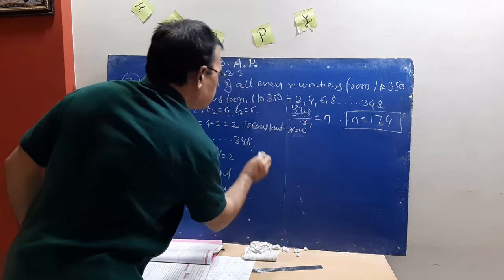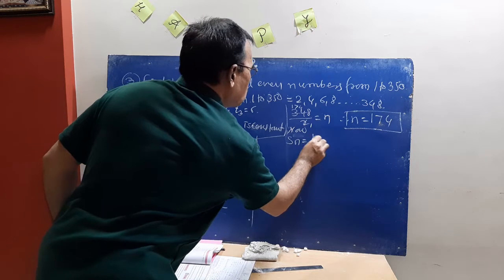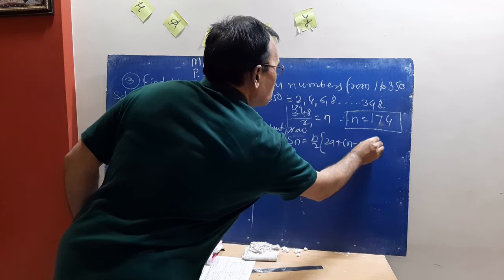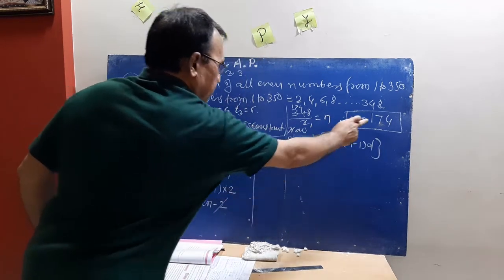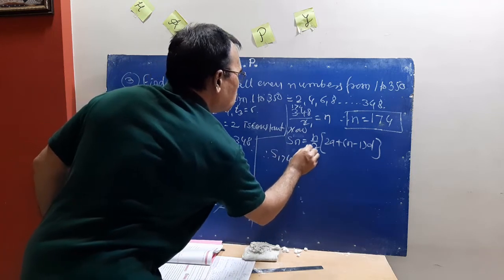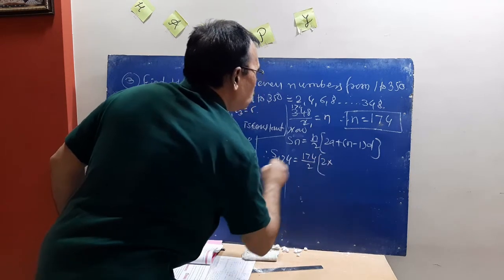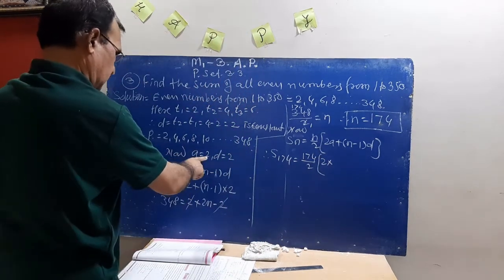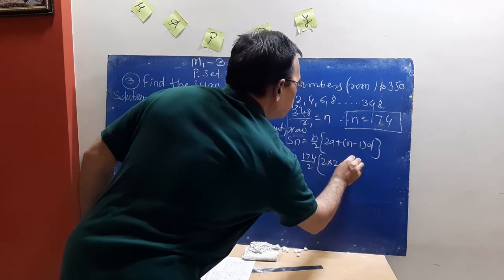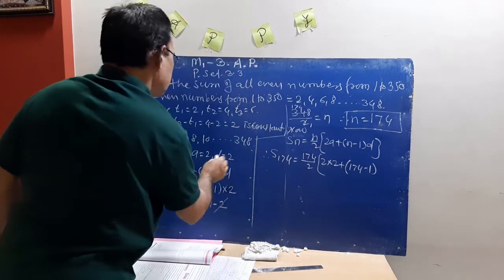Now Sn is equal to n by 2 in bracket 2a plus n minus 1 into D. Here n is 174. Therefore S174 is equal to 174 divided by 2 in bracket 2 into the first term, 2, plus 174 minus 1 into D, and D is again 2.